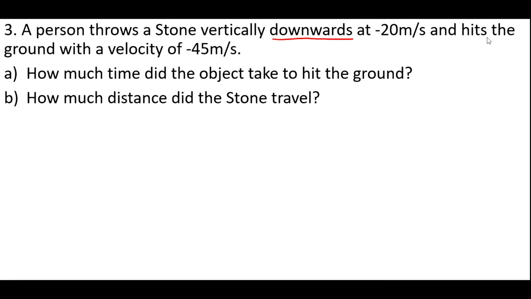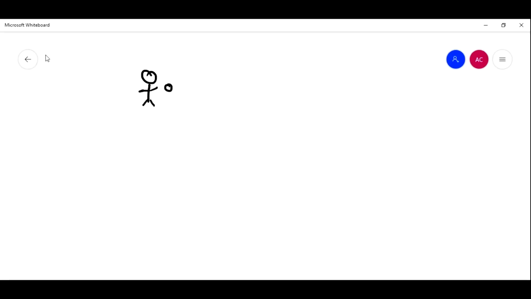But then it says that it's going to hit the ground. So that means that this person must be on a building or on a cliff or something, but the ground is over here. So the stone is going to be doing something like this. This is the direction that it's going to take, and finally, boom.